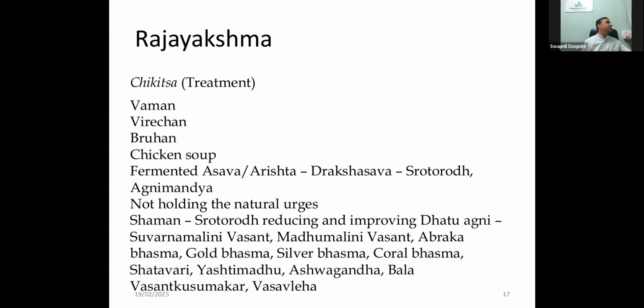than herbs-only medicine. Hence the inclusion of gold, silver, or the bhasmas in treating Rajakshma, where there is severe depletion of Agni, will help better. Abraka Bhasma helps. Abraka Bhasma is very good for the respiratory tract, we all know.